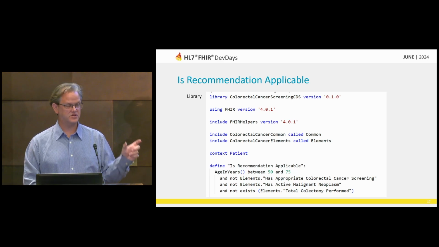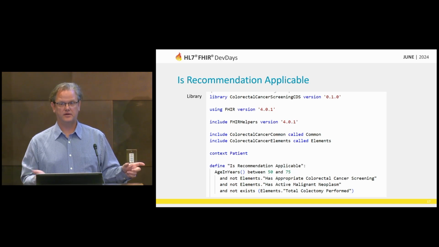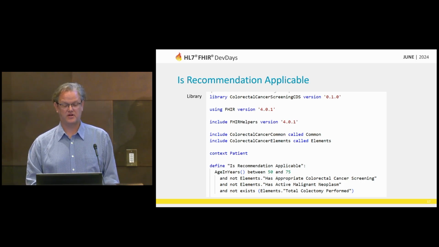So we take the base canonical of the IG, and we stick this name on it, and that gives then a globally unique identifier for this library. So now I can share this library anywhere because I have a globally unique identifier for it. It's got a version that's optional and is typically stamped with the version of the IG that you're publishing this thing with.